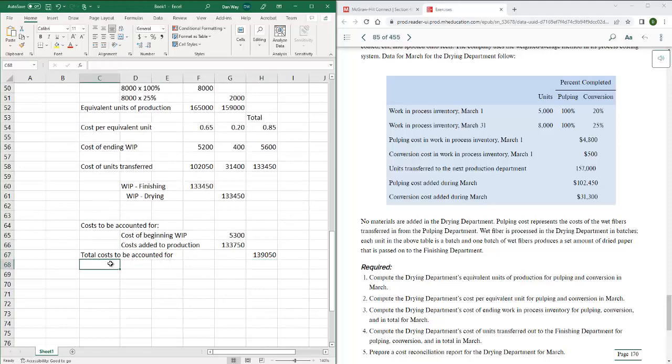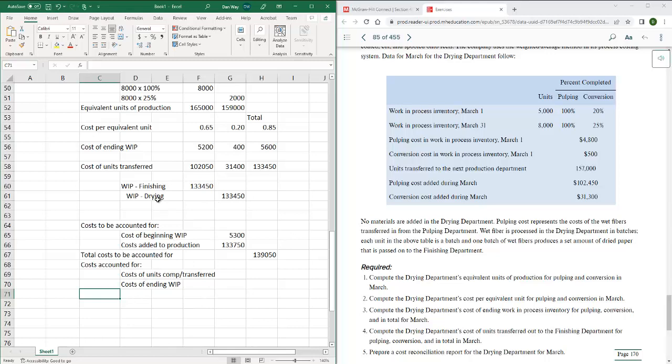Now I just want to show where those went. Okay, so costs accounted for, where'd they go? In two destinations, right? We've got costs of units completed and transferred, I'll abbreviate here, and then we've got the cost of ending work in process. Now we've already done the heavy lifting in parts 3 and 4 for this, so I'm going to pull some numbers down.